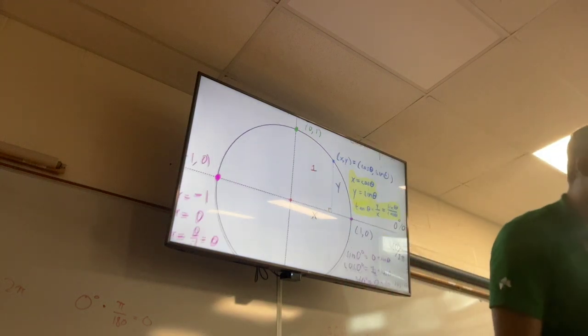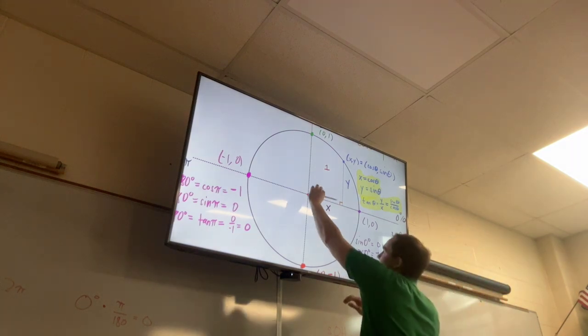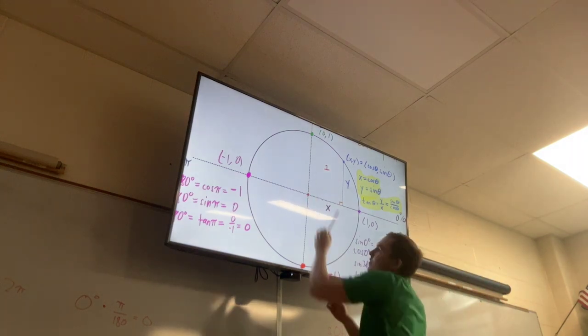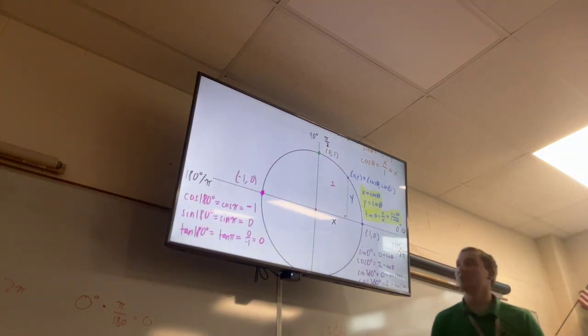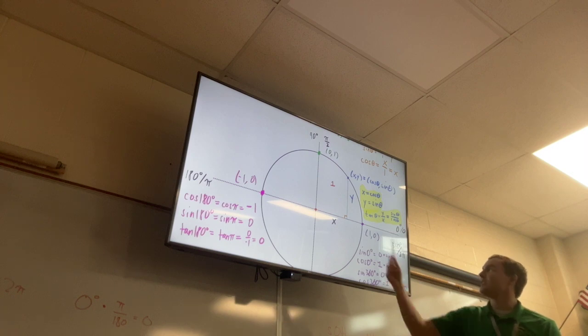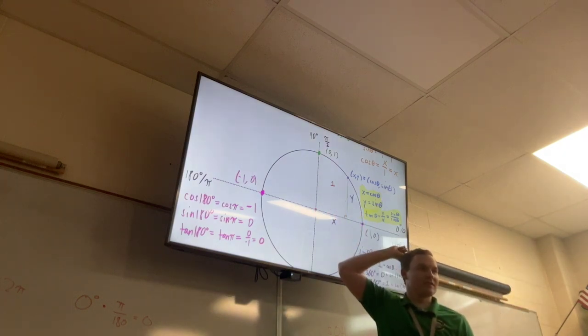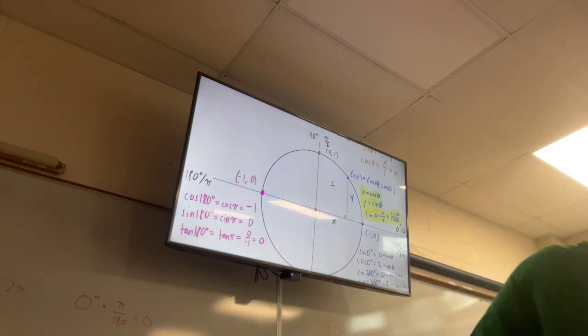Where would I draw a 135-degree angle on here? If I start at 0 degrees, and this is 90, which of these two quadrantal angles is 135 right in between? Is it between 0 and 90? Yeah, it's right between 90 and 180, right?